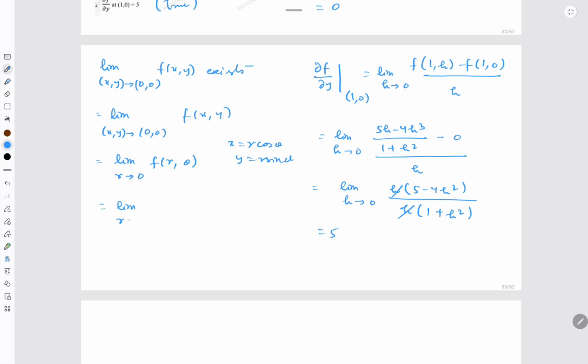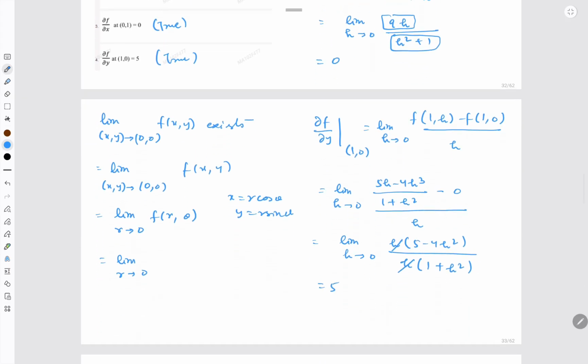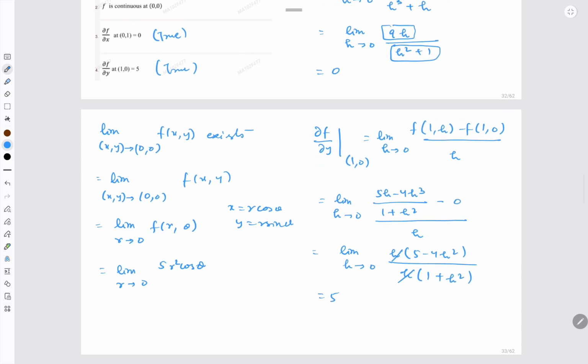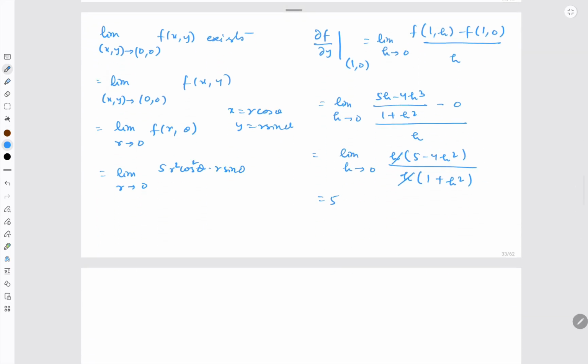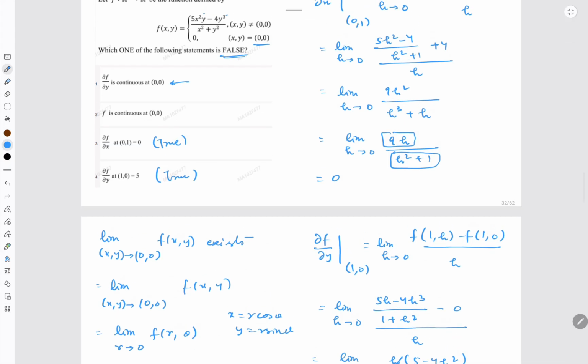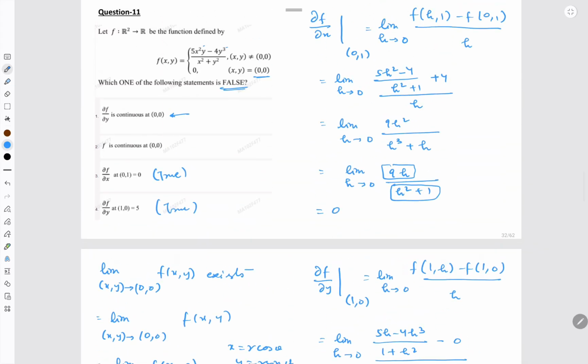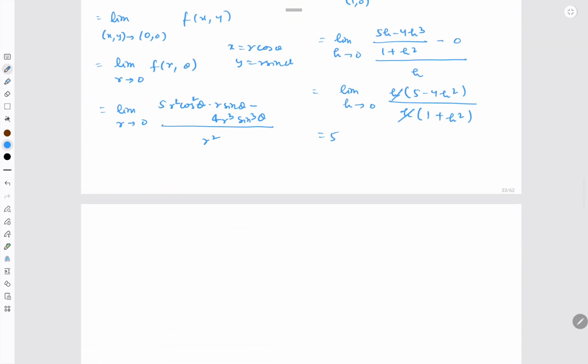So limit r tends to 0, let us put x as r cos theta, so 5 r square cos square theta into r sin theta minus 4 r cube sin cube theta, divided by the denominator, x square plus y square, which is basically r square, right? So limit r tends to 0, r cube can be taken common from the numerator, so 5 cos square theta sin theta minus 4 sin cube theta by r square is equal to limit r tends to 0.